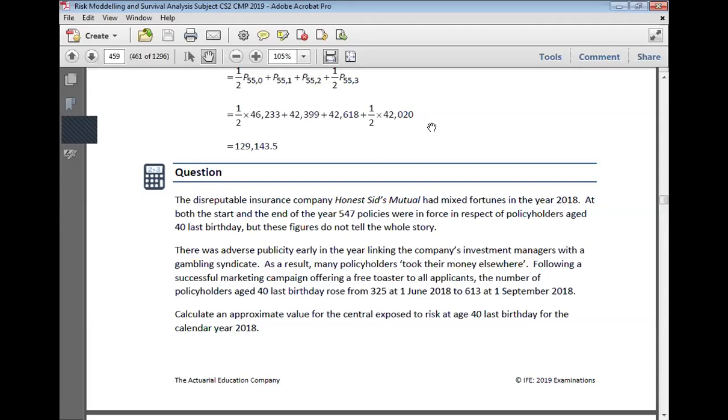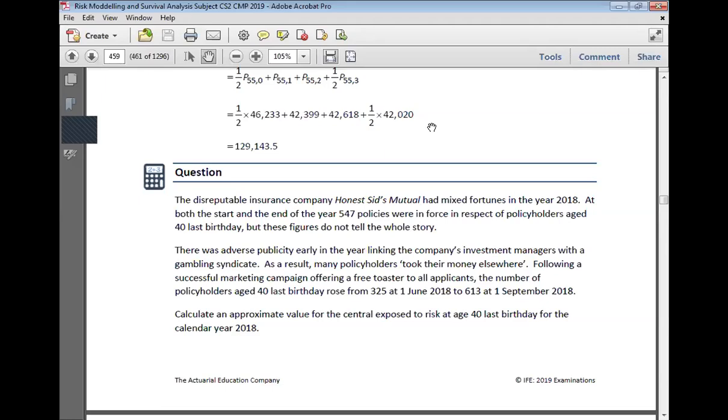Maybe lower. And why do you think lower? Because at 1st June the figure was 325, which is much below 547. And then it rose to 613.